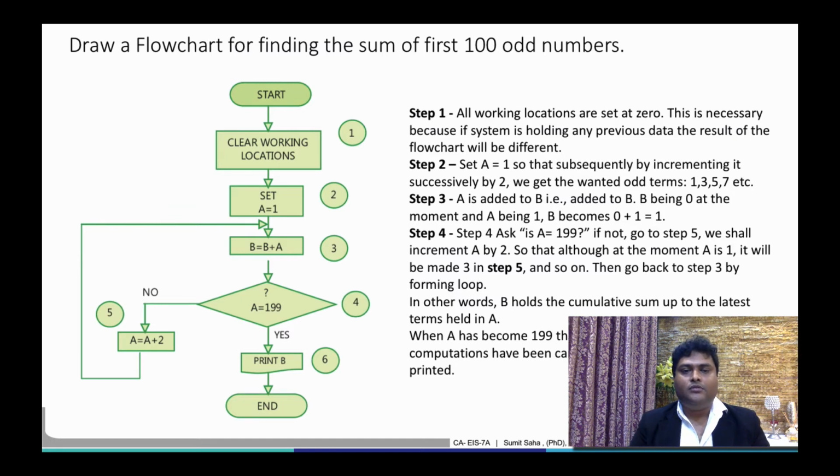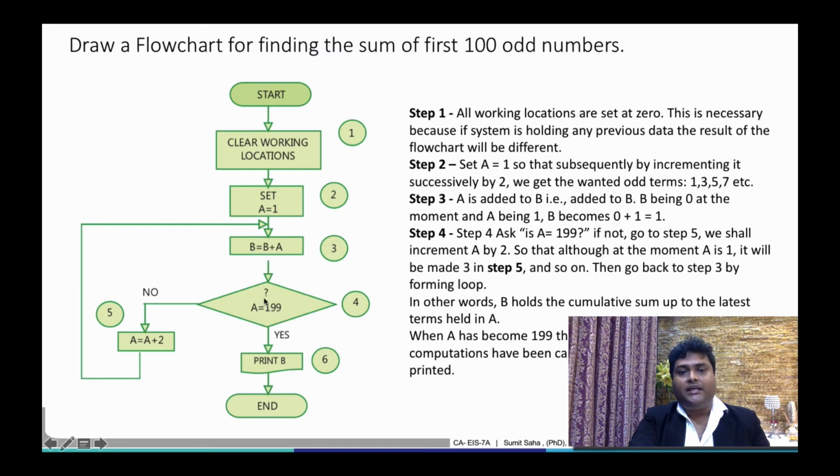So we set A equal to 1, and then the process says there is a register B, wherein B is stored with B plus A. Initially I said that A, B and all the other working conditions are set to 0, unless specified, like A is equal to 1 here. So at this step number 3, what will happen? B equals 0 plus 1, that means B is equal to 1.